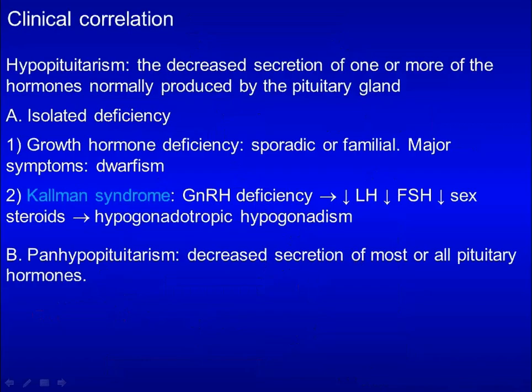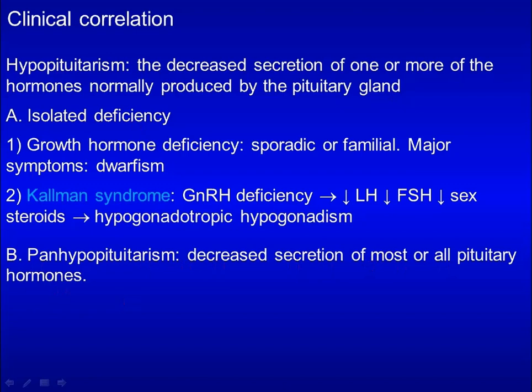Here is a clinical correlation. Hypopituitarism is the decreased secretion of one or more of the hormones produced by the pituitary gland. It can be an isolated deficiency or panhypopituitarism. It represents decreased secretion of most or all pituitary hormones.